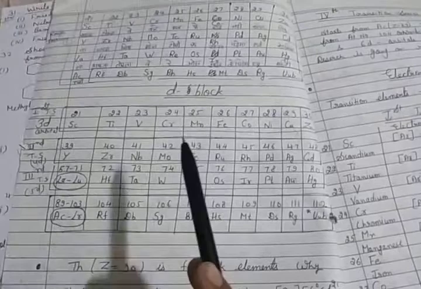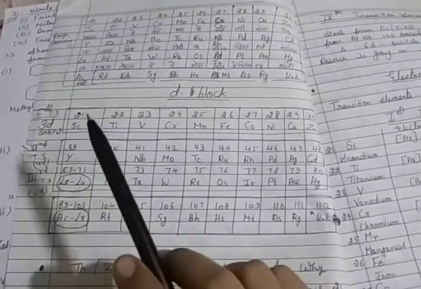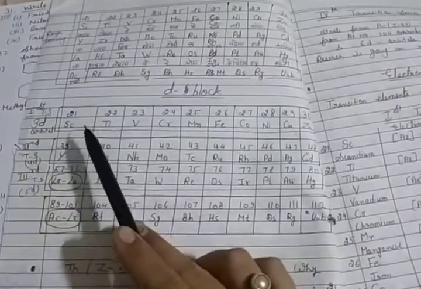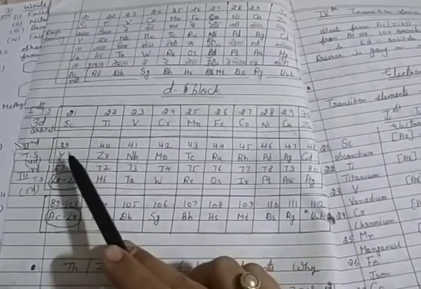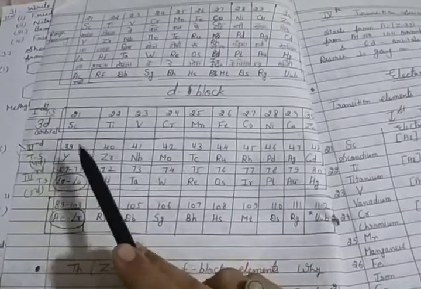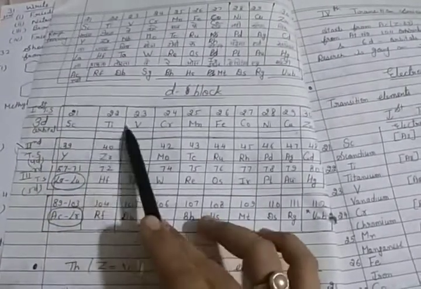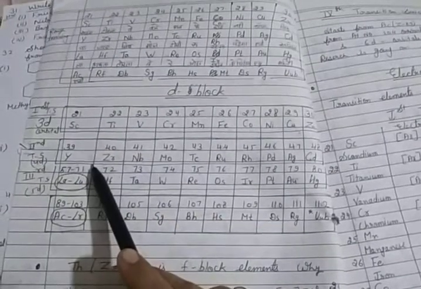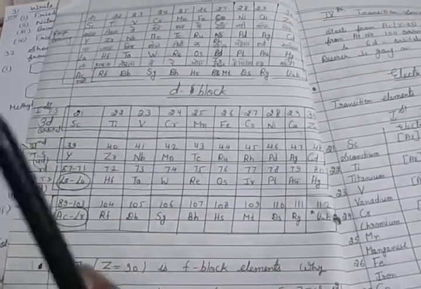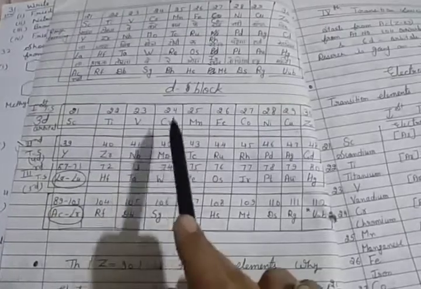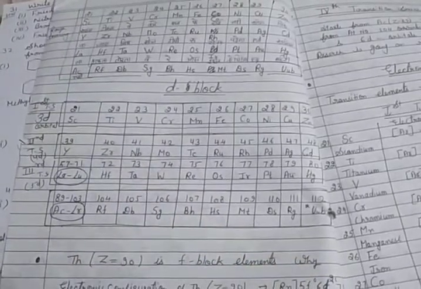In this chapter we will study only the 3d series and 4d series, and maximum questions come from these 2 series. So don't worry, but first learn these 4 series by the rough method.